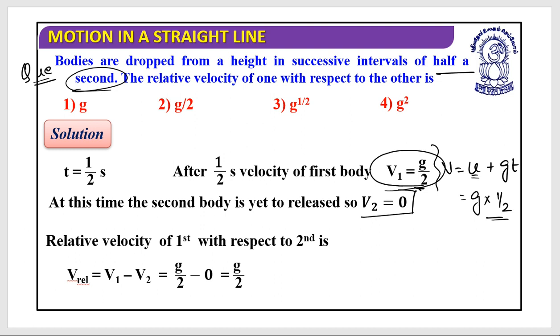That means it has an initial velocity of 0, and both are moving in the same direction, as this is the first ball and this should be the second ball. These two have a time interval of half a second between them. So you need to find out the relative velocity of the first with respect to the second. As they are moving in the same direction, it should be subtracted, so it is g by 2 minus 0, which gives me g by 2.